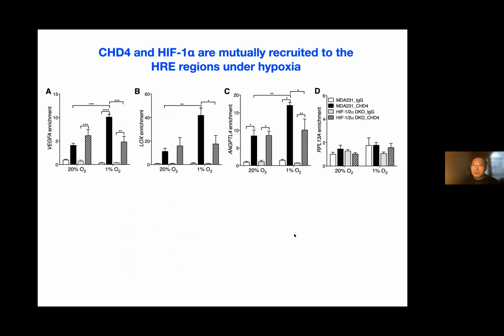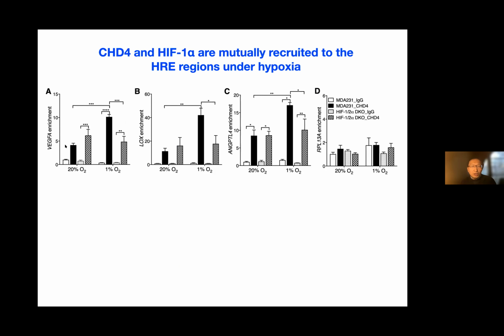So the question is how CHD4 controls HIF transcriptional activity. By chromatin immunoprecipitation, we found CHD4 and HIF-1 alpha can be mutually recruited to the hypoxia response element. You can see here, those are HIF target genes.